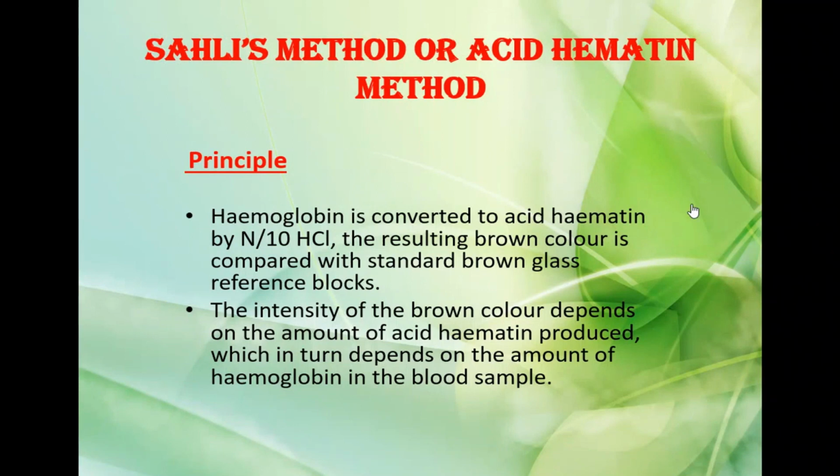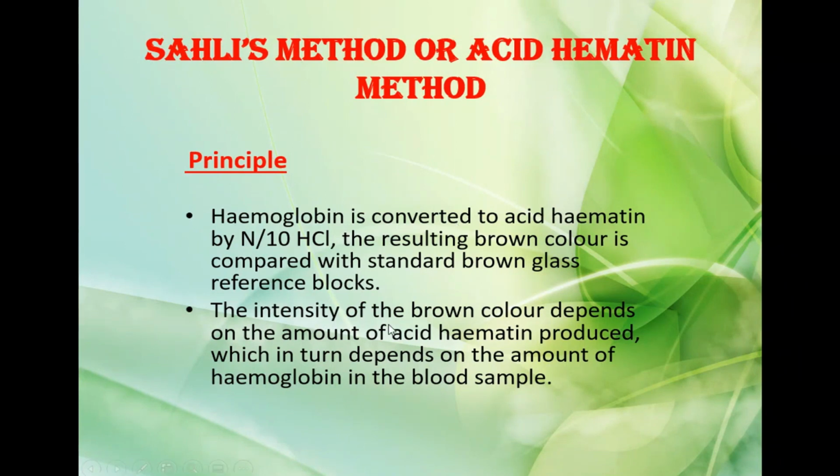Once we dilute it, finally we get the dilution, which gives you a reading. That reading is supposed to be similar to the amount of hemoglobin present in the sample, right? That's what we will get.